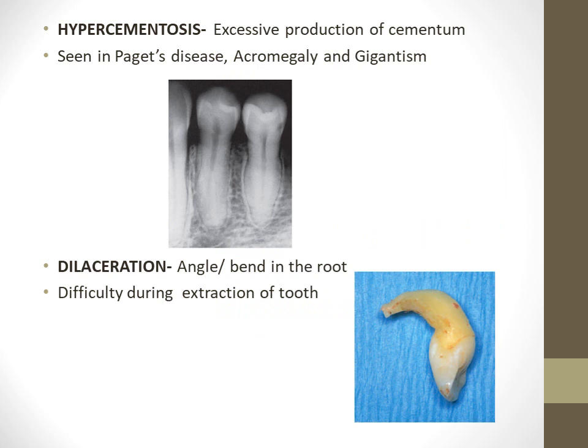Moving on to the next anomaly, hypercementosis, which means excessive production of cementum. This picture clearly indicates that too much cementum is produced. This condition is usually seen in Paget's disease, acromegaly, and gigantism. This is another important MCQ, as hypercementosis is associated with Paget's disease.